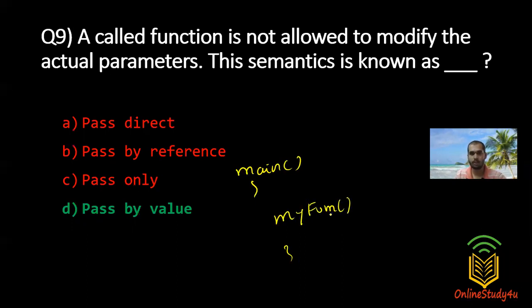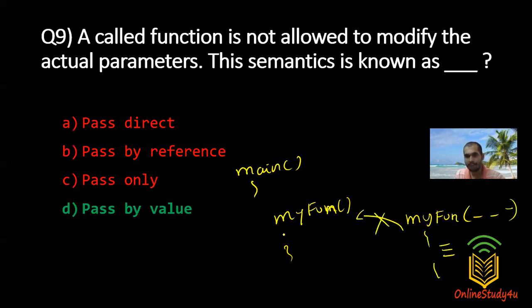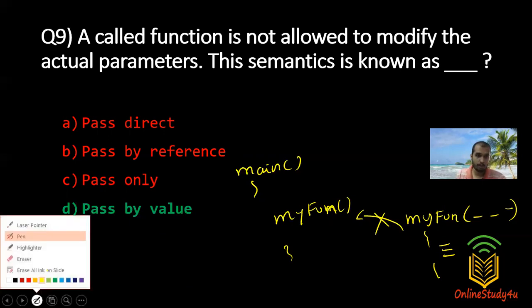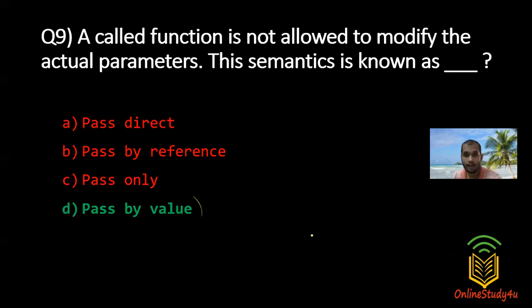This is a function that you have declared. If you've taken some parameters and you change the values here, it should not affect the values back in the original variables. That is pass by value. Pass by reference is where you pass pointers, and pass only, pass direct do not have any meaning. So the answer is option D, pass by value here. Let's go to the next question.